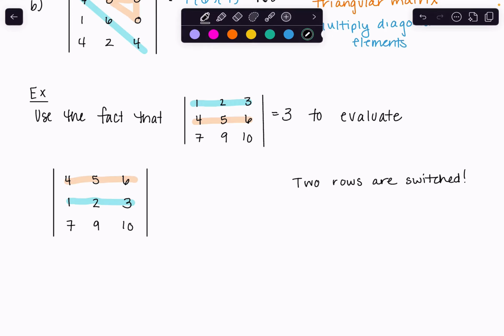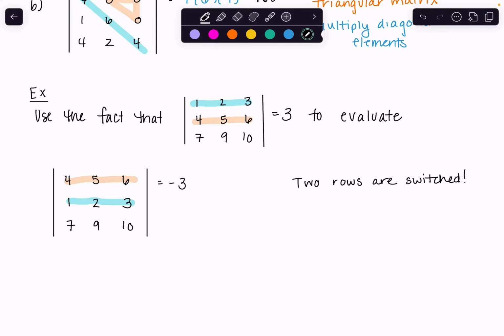All that happens is the sign needs to change. So instead of positive 3, the determinant of this matrix is negative 3, because it's just shaking up the order of those forward and backward pieces.